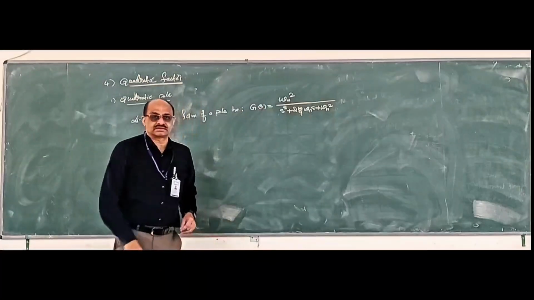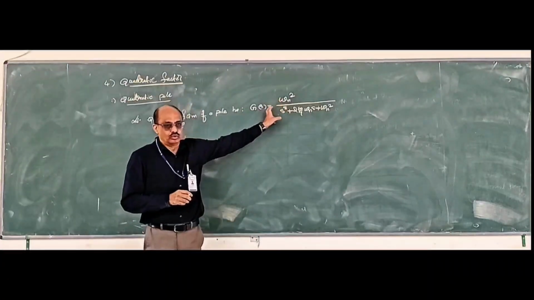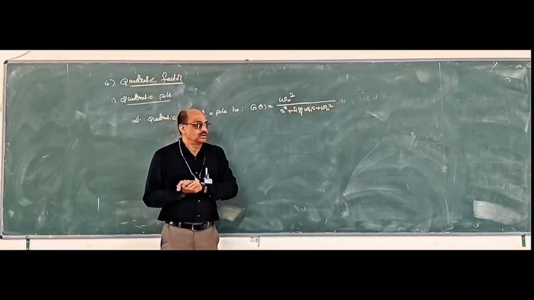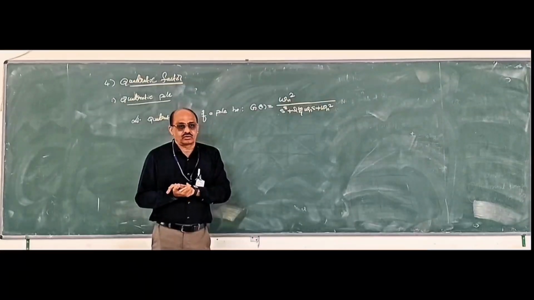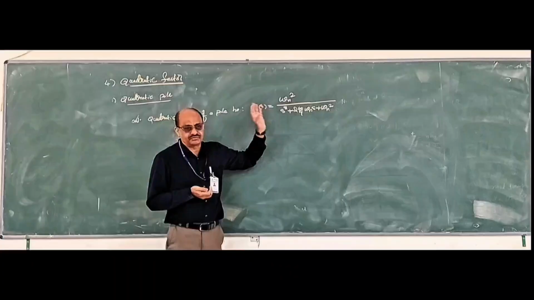So a standard second order pole is what we call a quadratic. This is a quadratic form in the standard form.